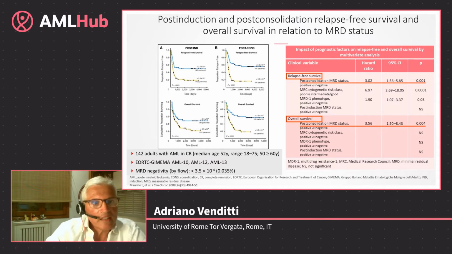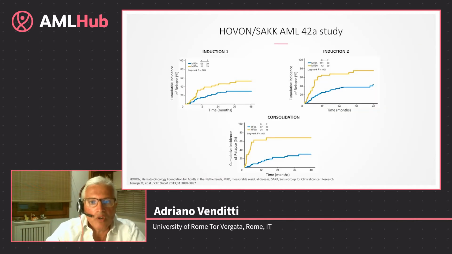You can see that at both time points considered, post-induction and post-consolidation, patients who were MRD negative, on the blue line, had a longer duration of relapse-free and overall survival. Important to note, in multivariate analysis, post-consolidation MRD status was an independent factor affecting duration of relapse-free survival and overall survival.